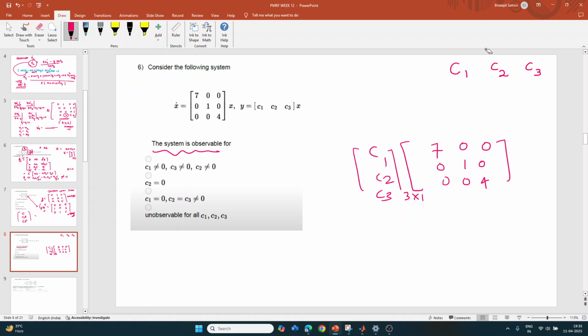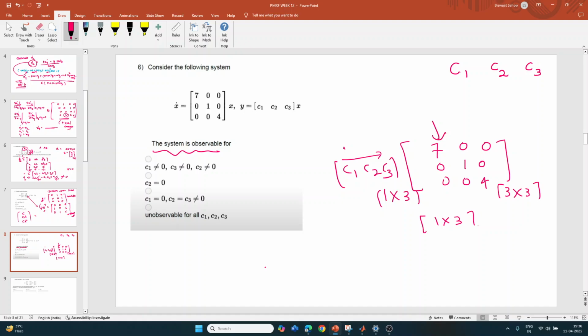How do you multiply it? Because this is a 1 cross 3 matrix and this is a 3 cross 3 matrix, you get a 1 cross 3 matrix. So you have to multiply like that.